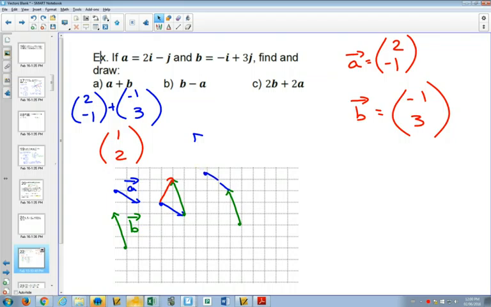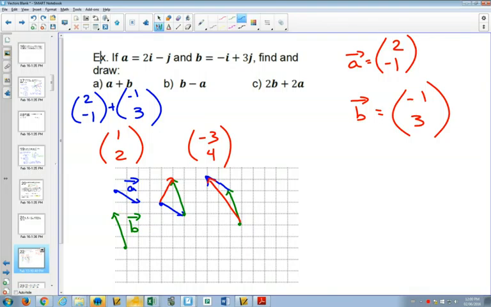And put those together. There we go. That's where it would end up. What's going to happen as a resultant? It's going to end up over there. As far as the diagram shows, our resultant is -3 and up 4.